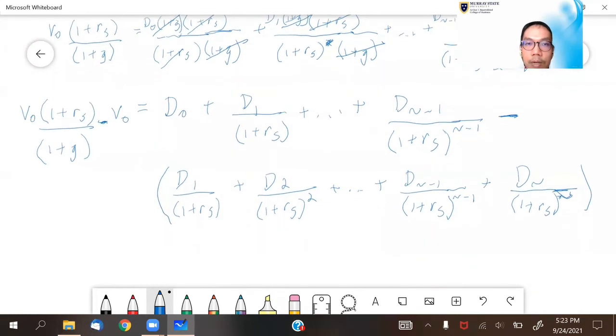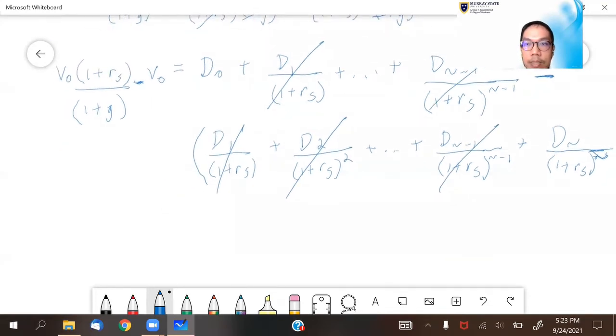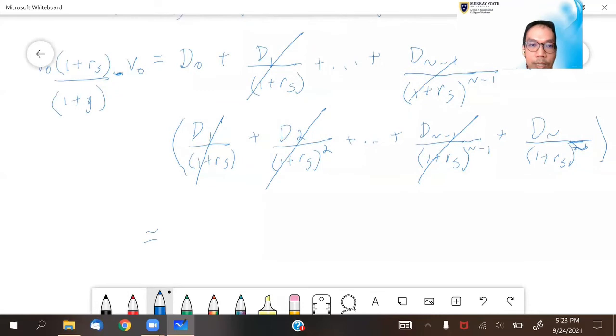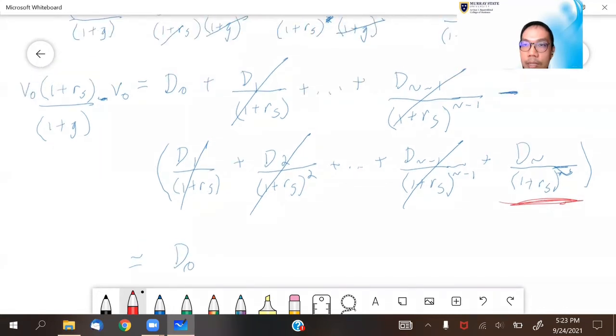Okay, so you can imagine now this will cancel out this one, and then the next one will cancel out this one, and so on. This one will cancel out this one. So what remains would be D0, dividend that has been paid, and this one. So you see the sign minus, right?